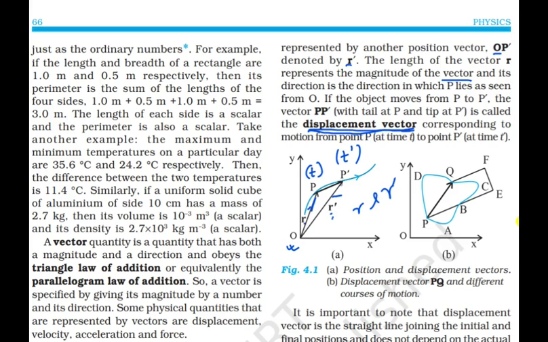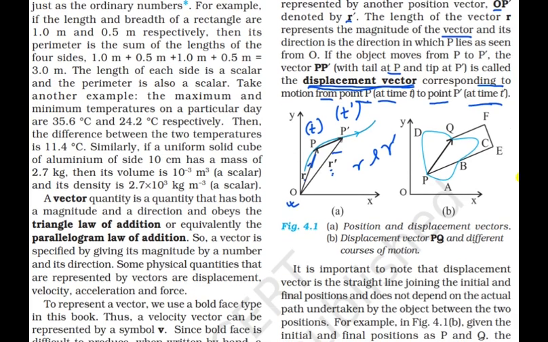Here the tail will be at point P, because the initial position was P and the final position was P dash. That means the displacement vector will start from P towards P dash. It is the displacement vector corresponding to motion from point P to point P dash. When the object was at point P the time was t, and at the final position the time is t dash.